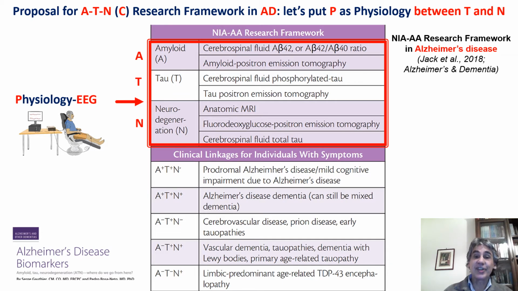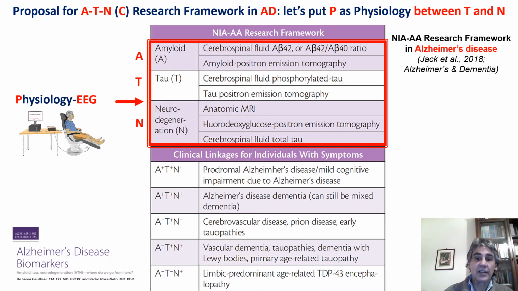Our general scope is to introduce EEG biomarkers in the research framework of the National Institute of Aging and Alzheimer's Association, the guidelines by Jack and colleagues in 2018.